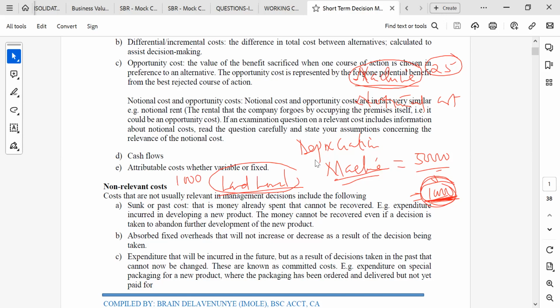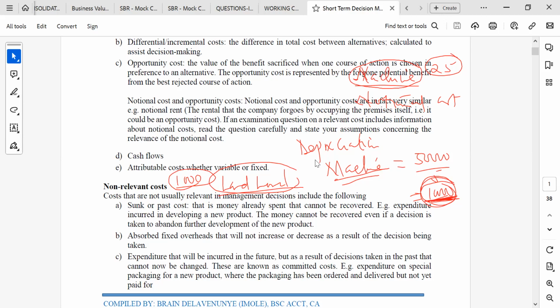Although you haven't taken the room yet, you pay the rest of the amount in the future. You see that you have committed yourself to taking the room. So you are going to be paying the cost in the future, or you have already paid a down payment of 1,000. This 1,000 can be called a committed cost because you are making a commitment.